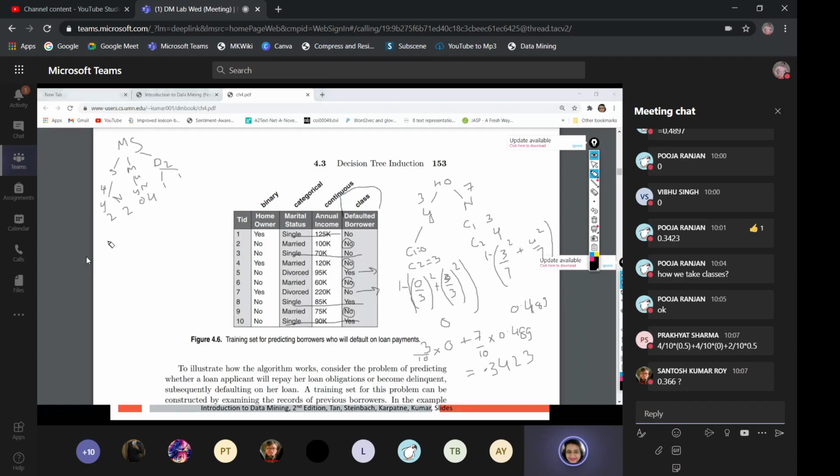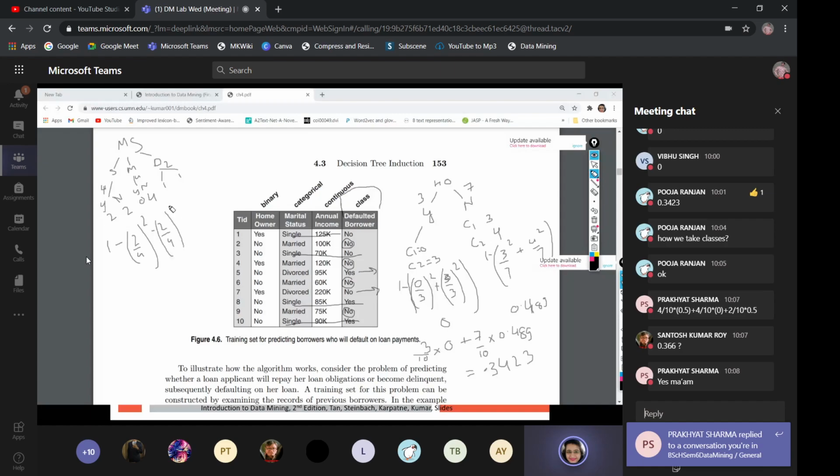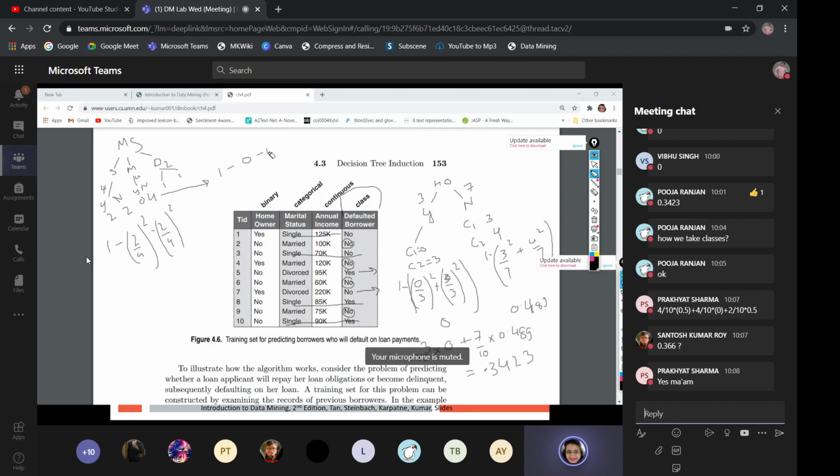This is 1 minus (2/4) whole square minus (2/4) whole square. And this one is 1 minus 0 minus 1 square, which is 0.